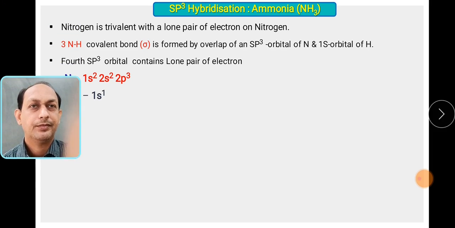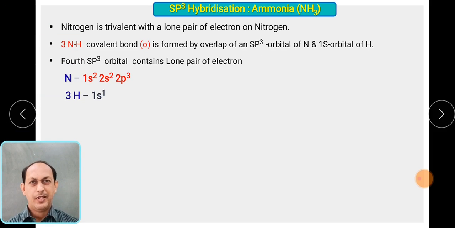Now we will see the example of sp3 hybridization. Ammonia is one of the very good examples of sp3 hybridization for nitrogen. As we know, nitrogen is trivalent and has a lone pair of electrons on nitrogen.